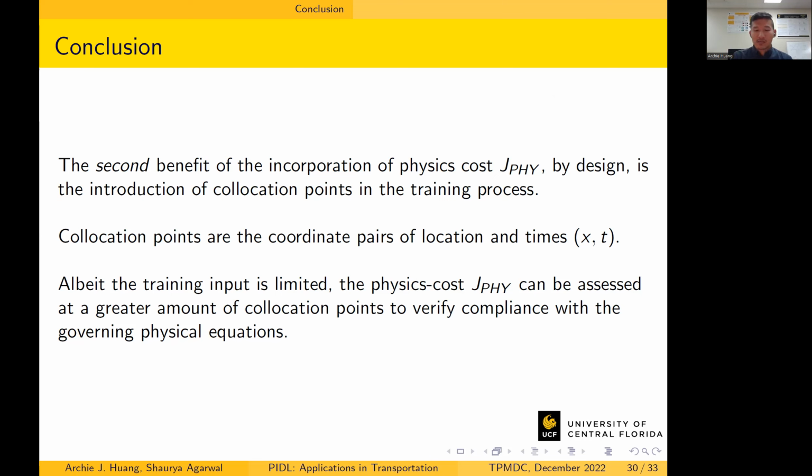Those are the points where I want to verify whether my estimation complies with the governing equation or not. It doesn't matter if I have training data at that point or not. That greatly expands the scope in which we can compute the cost terms. So that's the second benefit of utilizing a PIDL neural network.